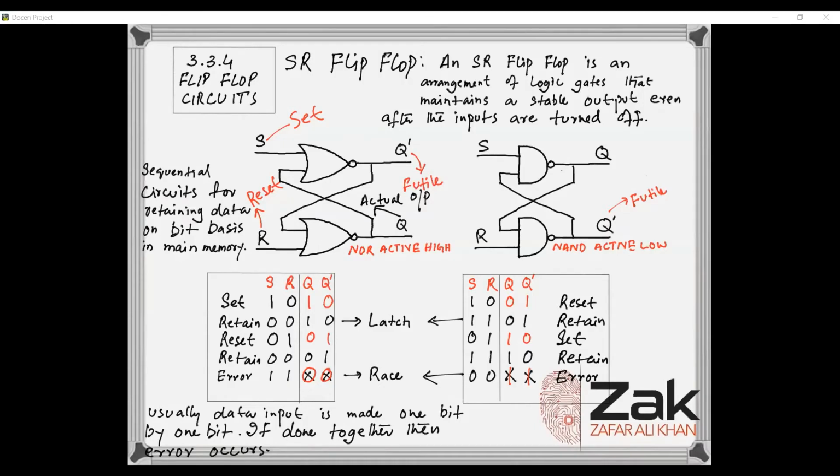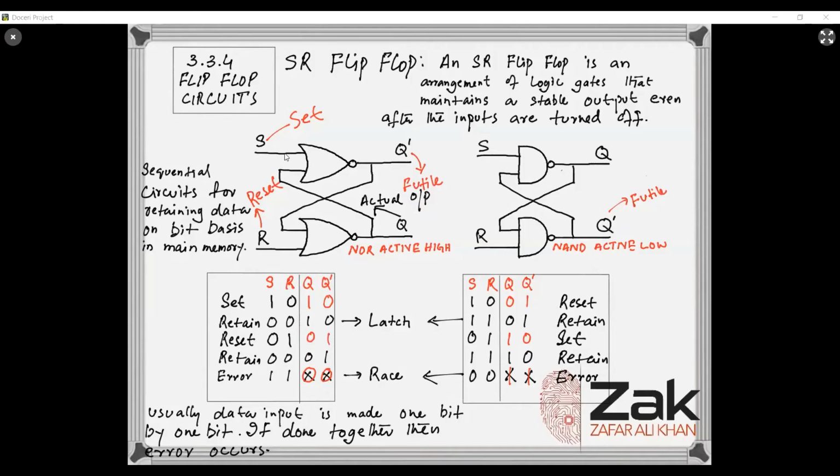So, the term set is used for this NOR based flip-flop to have one trapped or stored in one bit. If you want to set this SR flip-flop, you have to have 1 in it.